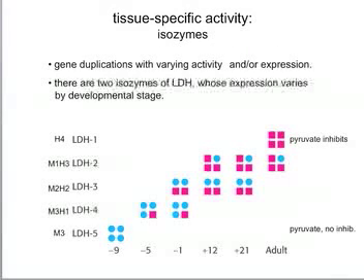So the easiest way to think about this is during development we see a shift in the population of lactate dehydrogenase structures from one form to the other as a progress, in this case of rat, the development of the rat.